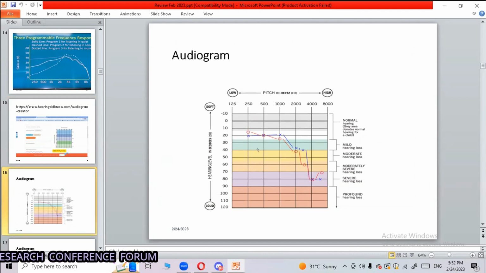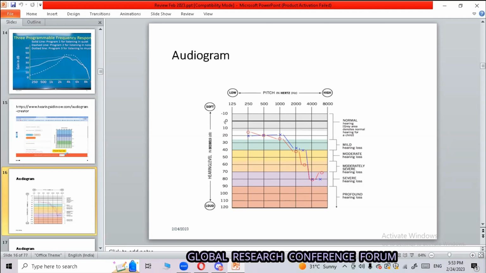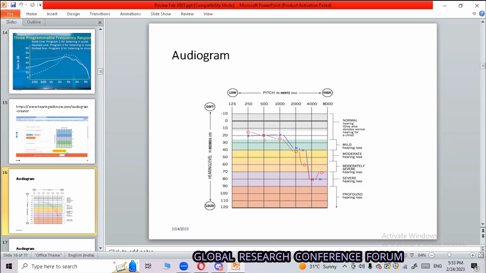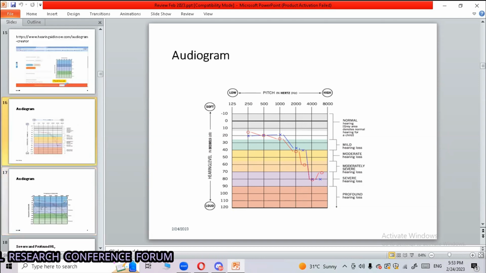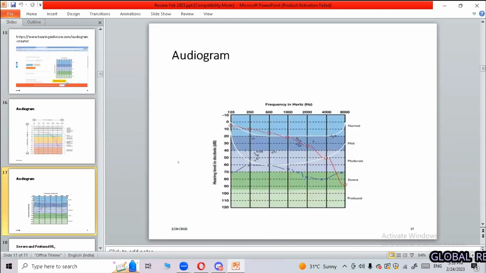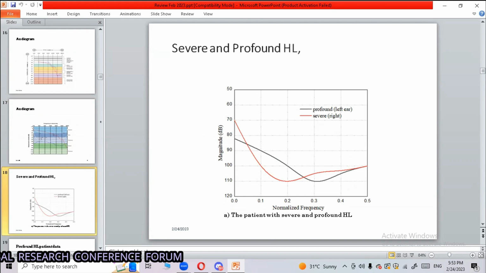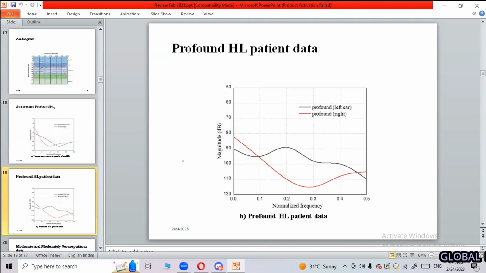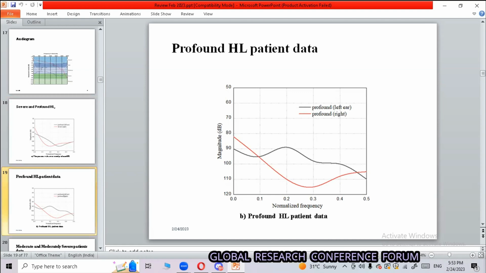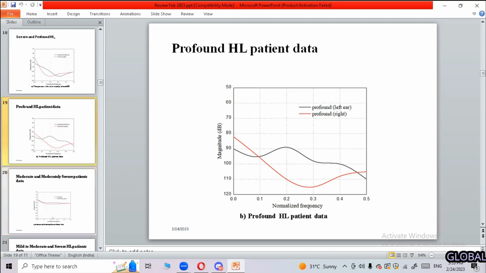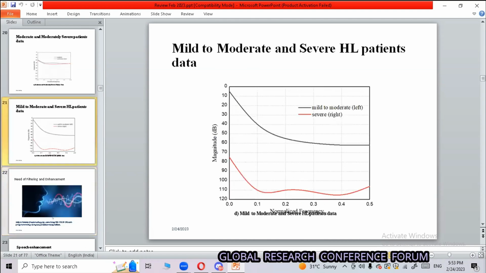Here is one example of a patient with disability in the 10 to 20 range, and for the left and right ear I have used two different colors: blue for left and red for right. Here are a few more audiogram results, and one more example of severe to profound hearing loss. Here I have taken one more example. These inputs are from the Manke hearing system. I took the database from them and plotted the audiograms accordingly.